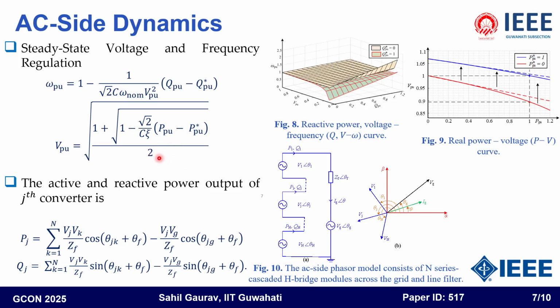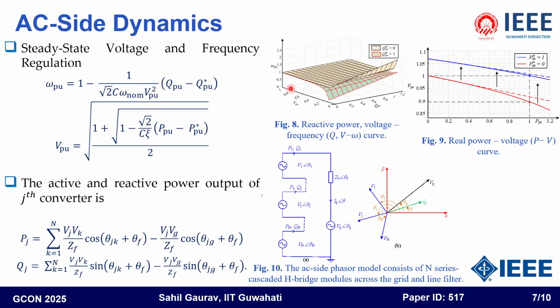And if you select the rotating angle equal to pi by 2, the dependence of the angular frequency and the voltage reverses accordingly. So for the reactive power and angular frequency relation, it does not depend just on reactive power like in droop control. It also depends upon the voltage magnitude.